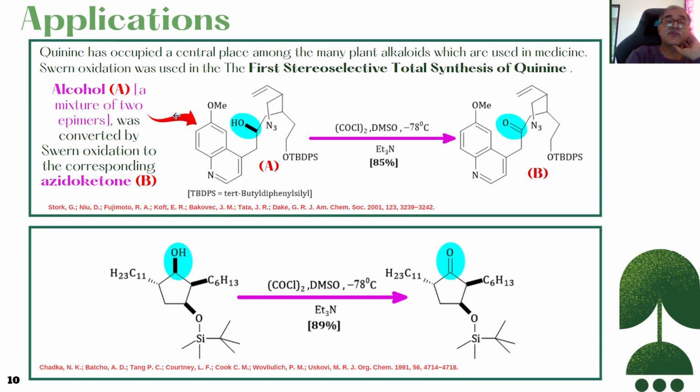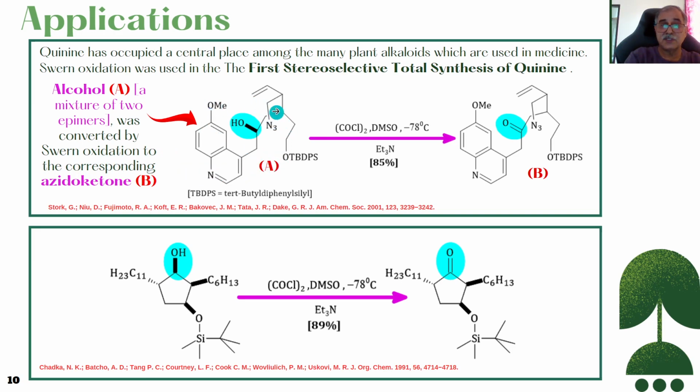Then this Swern oxidation was also an important step in the synthesis of quinine. In the first stereoselective total synthesis of quinine, this Swern oxidation was one of the important steps.